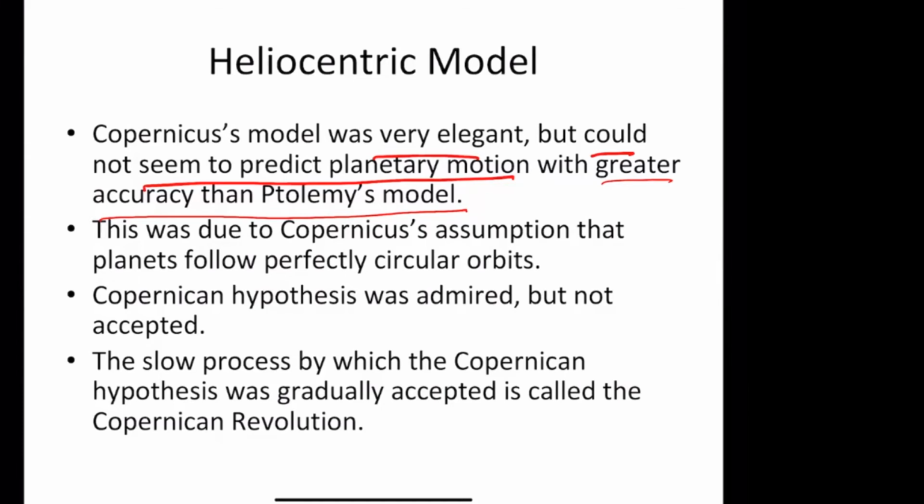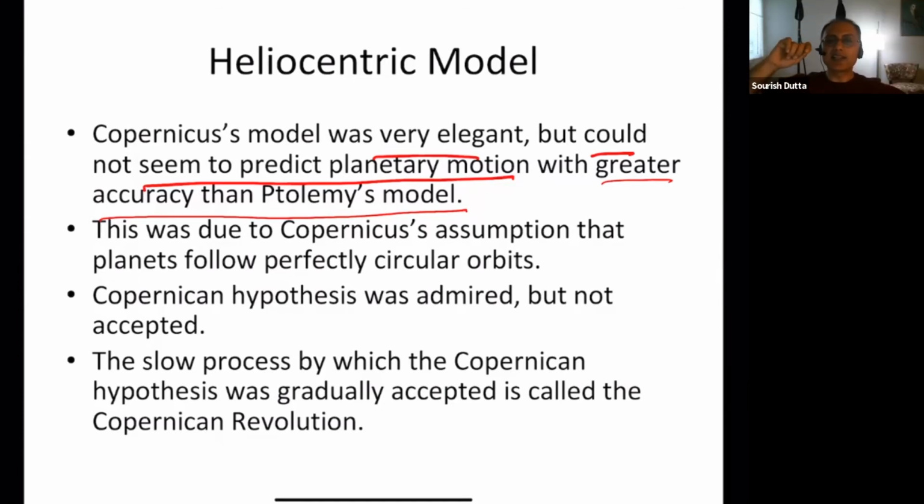So Copernicus could not give up the idea of circles. In his model, he said that the sun is the center and everything orbits the sun. All of that is correct, but there was one big flaw. He said that everything orbits the sun in circles, and that's not strictly true, as we'll see later on. As a result, his model could not give more accurate results than the existing Ptolemaic model.